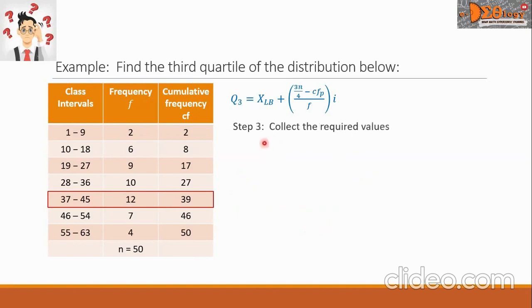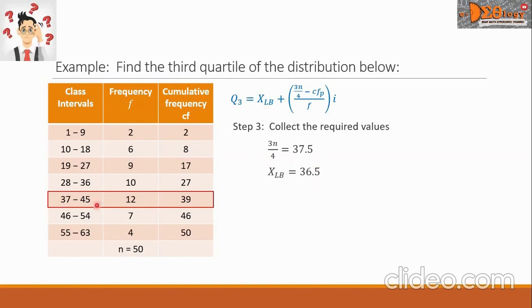For step 3, let us collect the required values. We start with 3n over 4 from step 1, and we know that value is 37.5. Next is the x sub LB. This is the lower class boundary of the third quartile class. We write here 36.5.